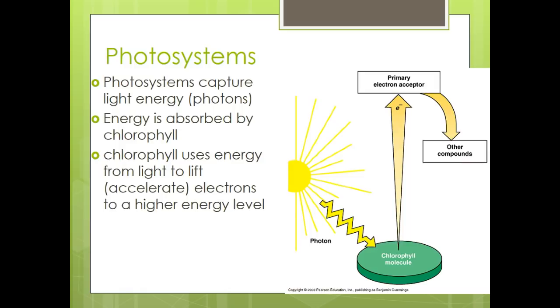Photosystems. Photosystem I and II both have a substantial amount of chlorophyll, and these chlorophyll molecules can be looked at as kind of like a little solar panel. The job of chlorophyll and any pigment really is to absorb sunlight.